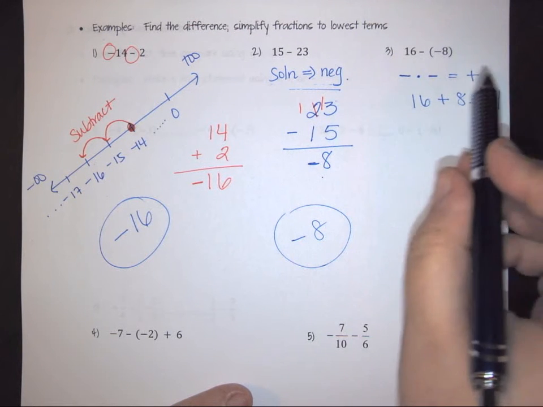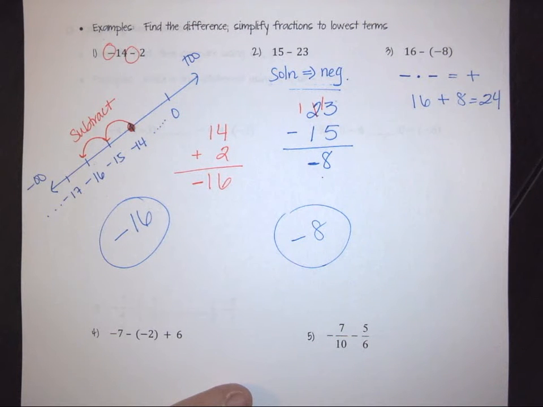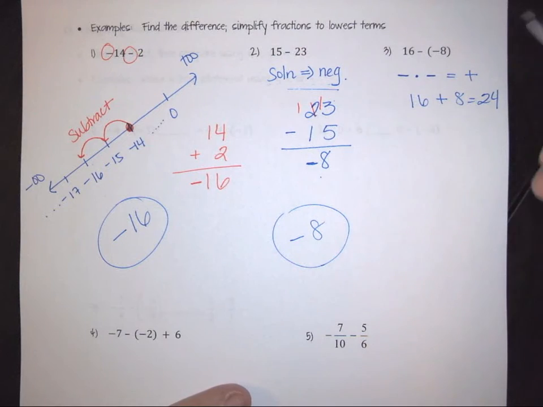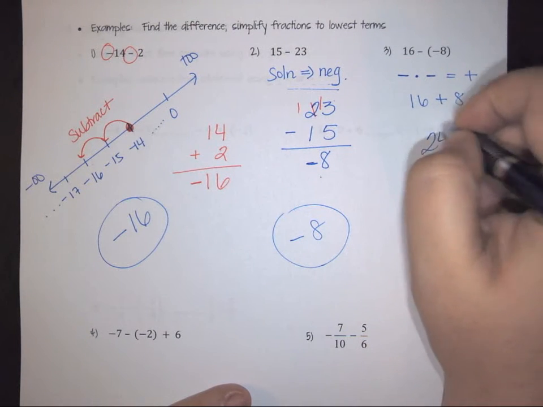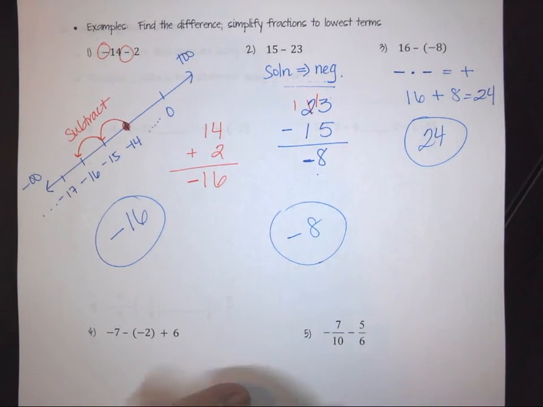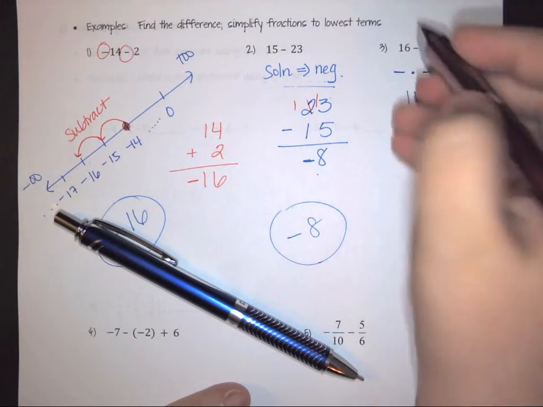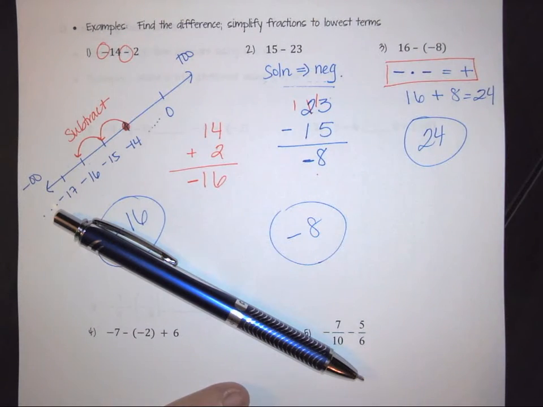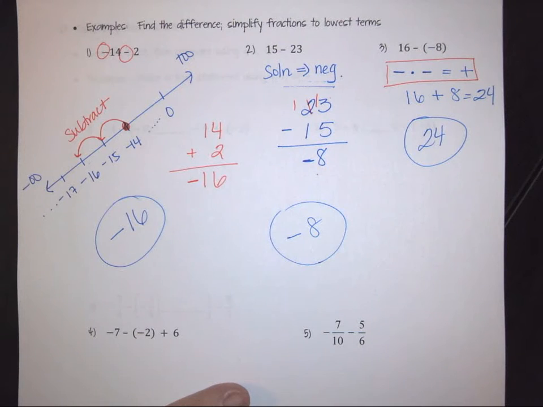I personally think it's easier to start learning your negative rules because they have to be applied throughout math, and so we might as well start somewhere. So if it were me doing this, this is how I would attack this problem, is to remember the rule. And the rule says that any negative times a negative is going to give you a positive result.